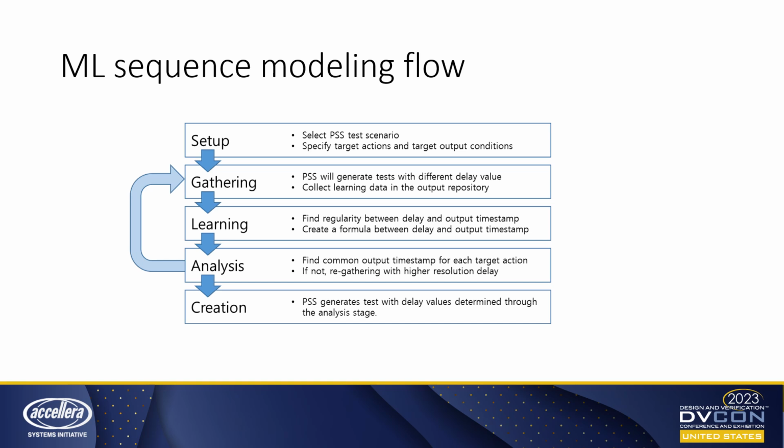Through this flow, finally we can get the proper delay value for multiple actions, and using that scenario, we can reproduce the complex functional corner case failures for verification and detect those failures.